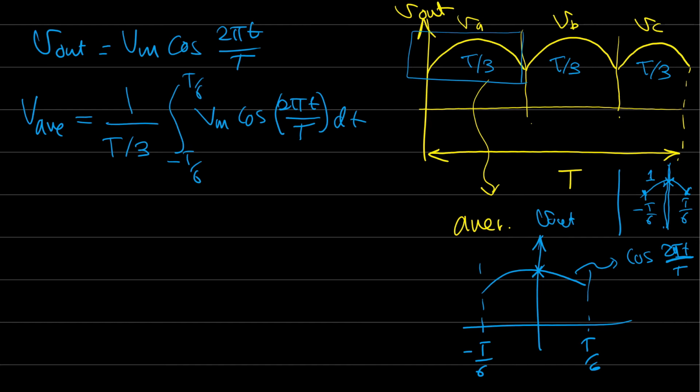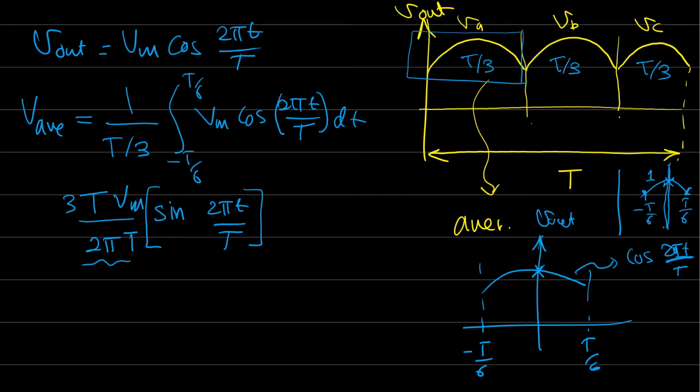Now the integration for cosine is sine, so this will be sine 2 pi t over T capital divided by 2 pi over T capital, and here we have T and 3 as well, and we have V maximum. All these are constant, and this from minus T over 6 to T over 6.